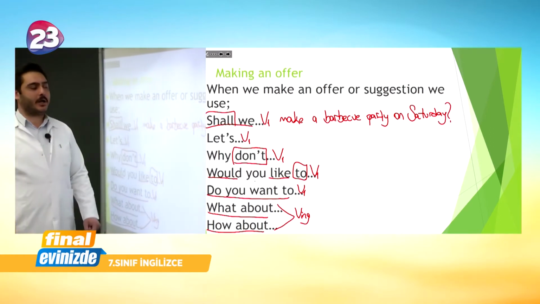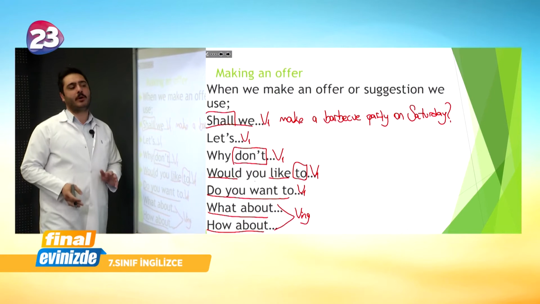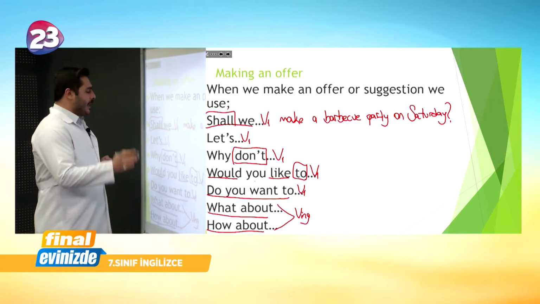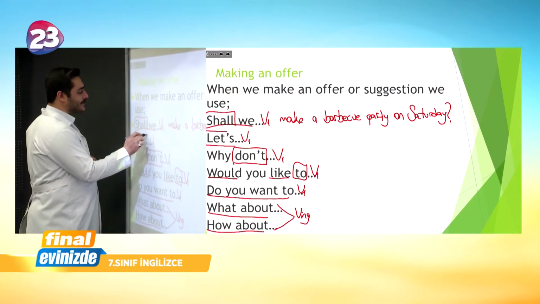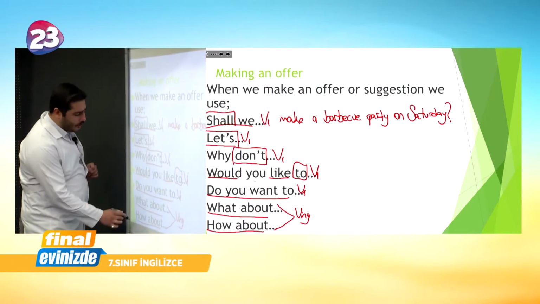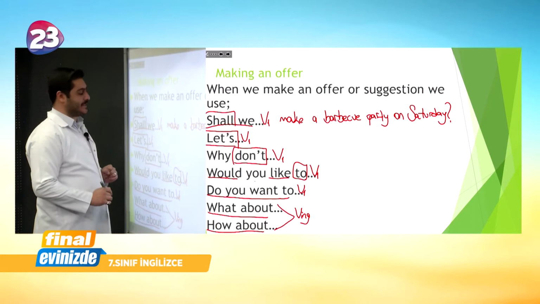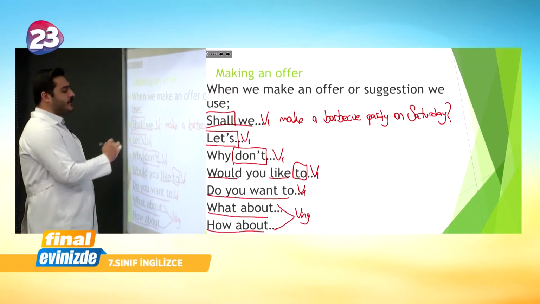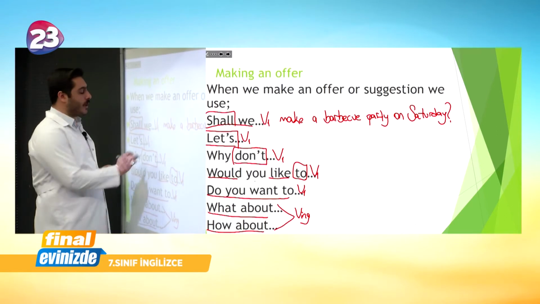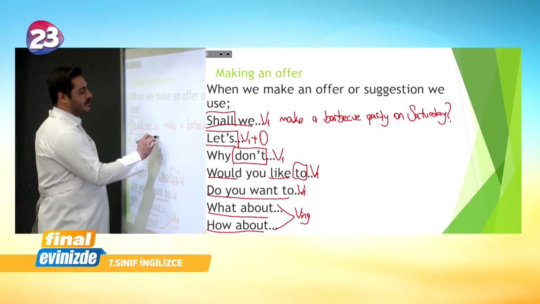This is an offer, guys. Shall we make a barbecue party on Saturday? And I want to say something. Except for let's, all of them are question sentences. But let's is not. After let's, we have only verb 1 plus object.